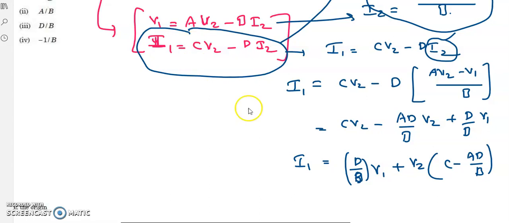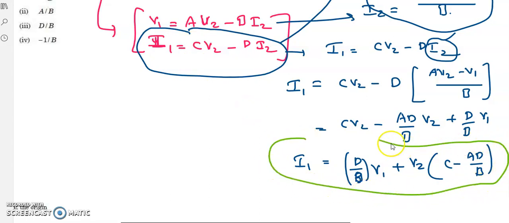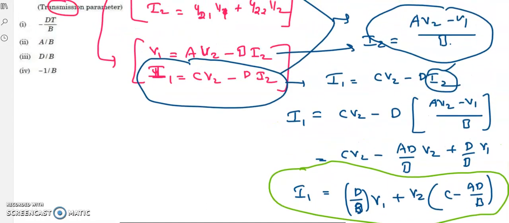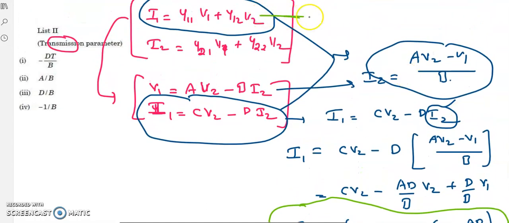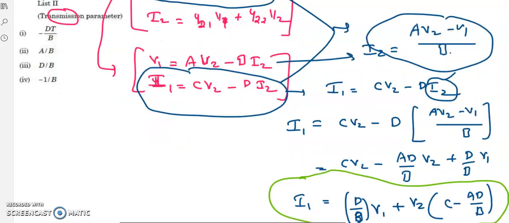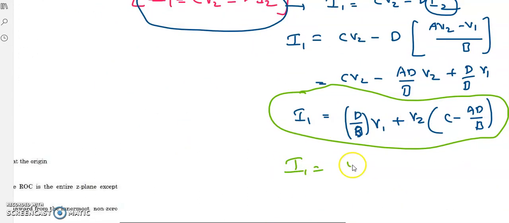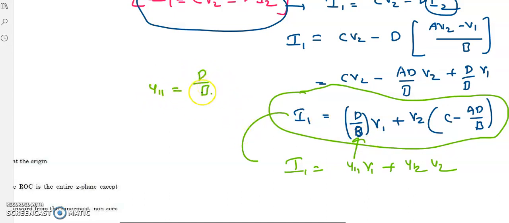So now compare this equation with I1 is equal to y11 v1 plus y12 v2, right? Why? Because here I1 is equal to v1 into something plus v2 into something, and here also v1 into something and v2 into something. Comparing both these two equations, y11 is equal to d by b, and y12 is equal to c minus a d by b, right?